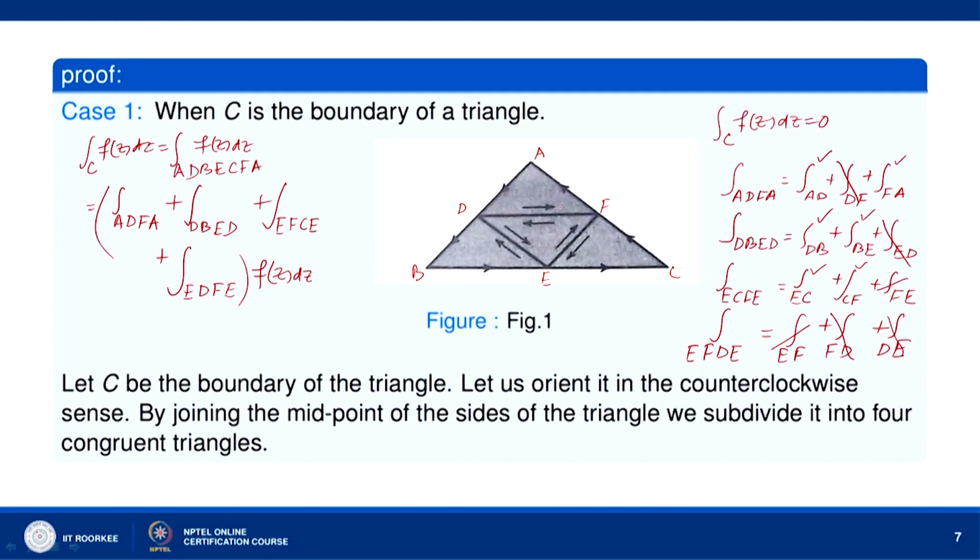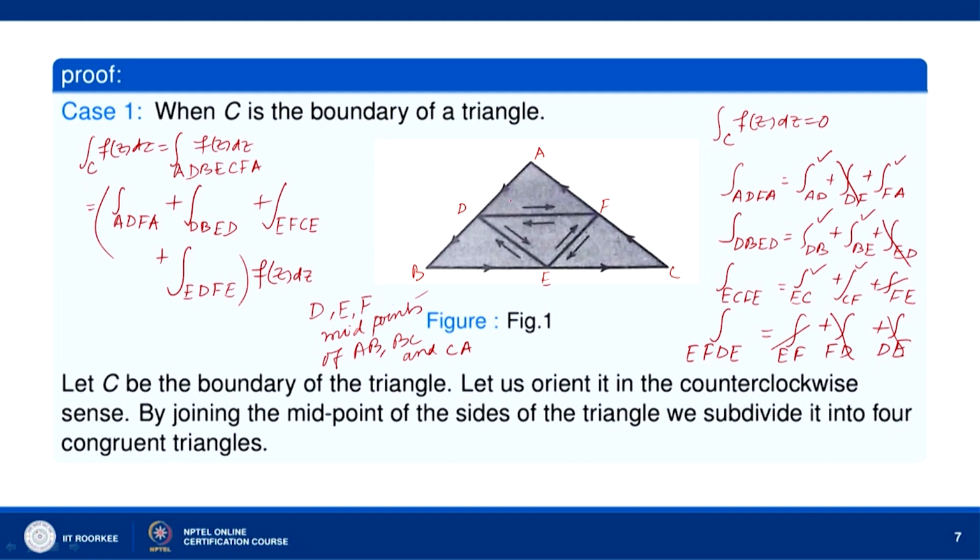These triangles have been made by taking D, E and F as the midpoints of the sides A B, B C and C A, and then joining D to E, E to F and F to D, we find 4 triangles.